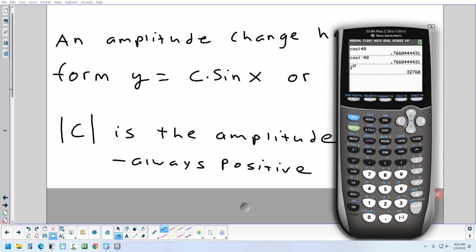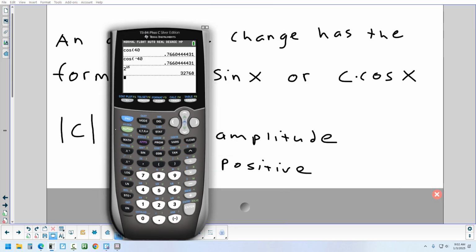Okay. So as an example, if we sketch just sine x and negative 1 sine x. Both of those graphs have an amplitude of 1. There is a number being multiplied in front of the bottom one.